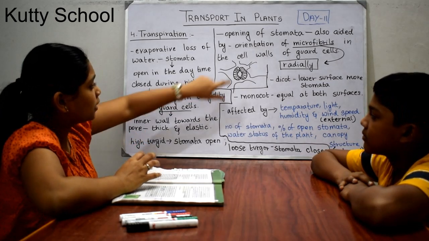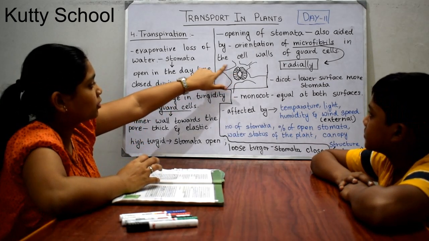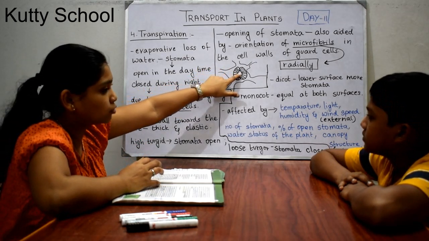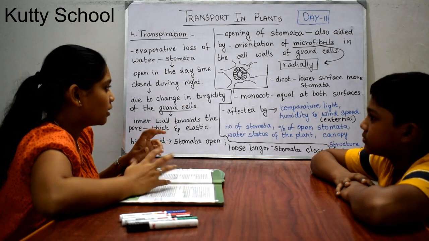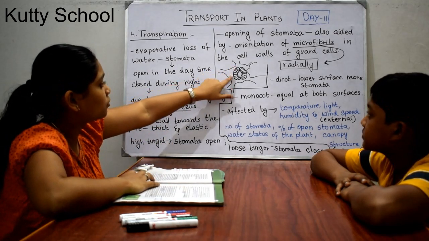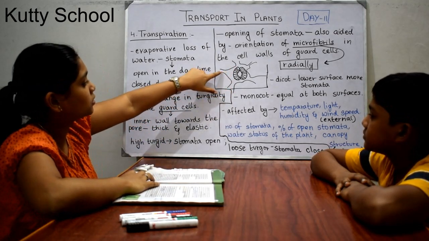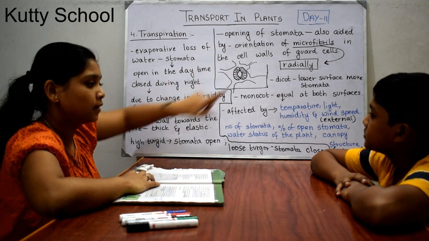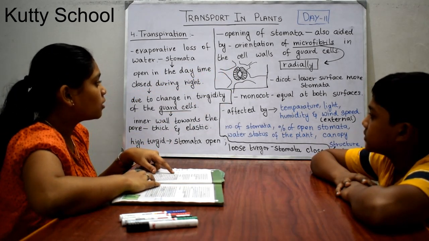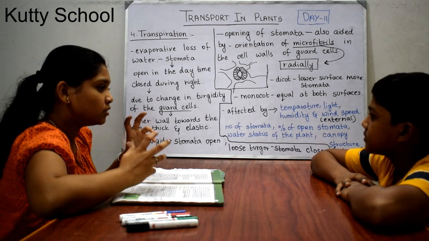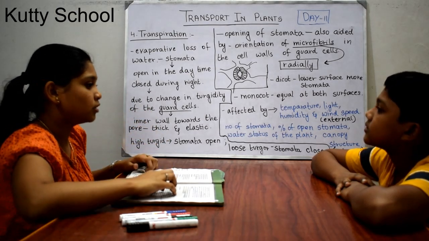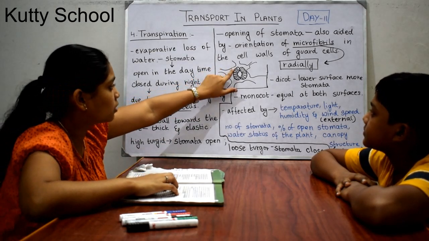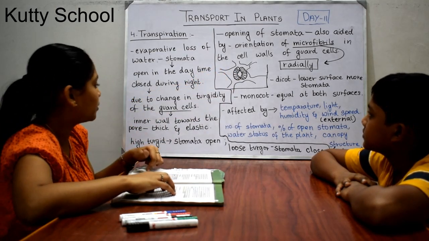The inner walls of these guard cells, which face the stomatal pore, are generally thick and elastic. The outer walls, which face the subsidiary cells, are thin. So when water fills up these guard cells, the thin walls expand, and it leaves a pore at the center called the stomatal pore.